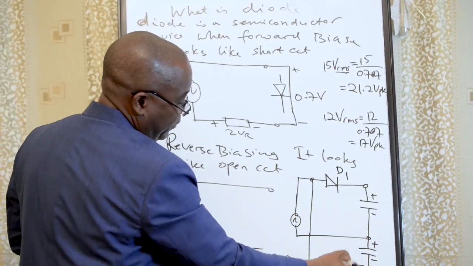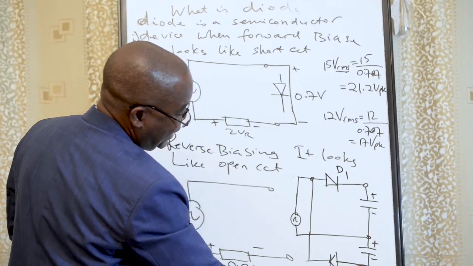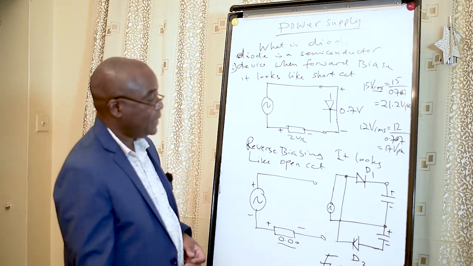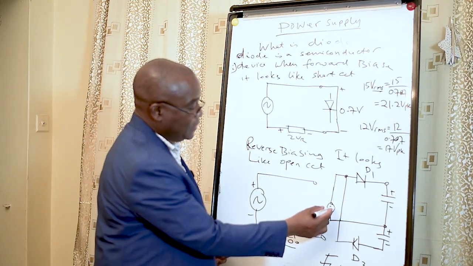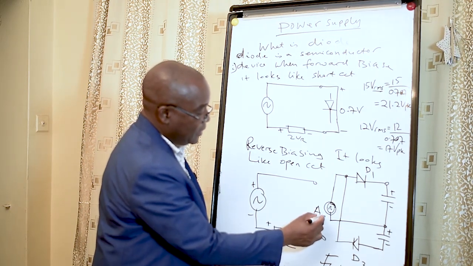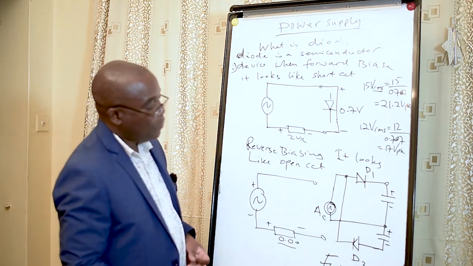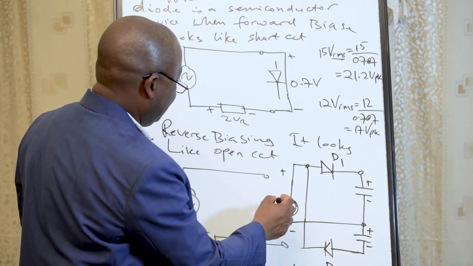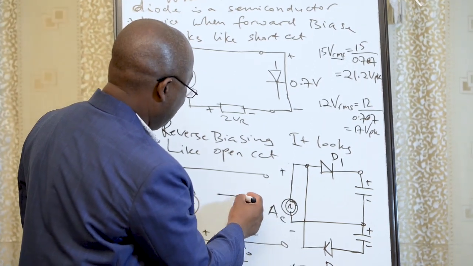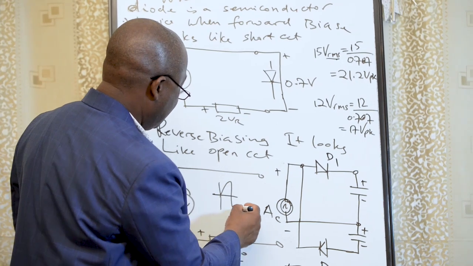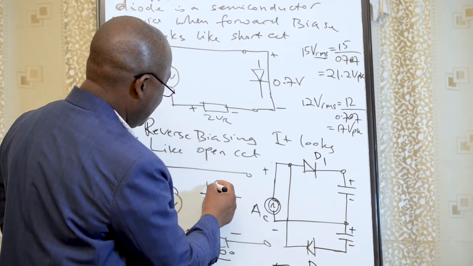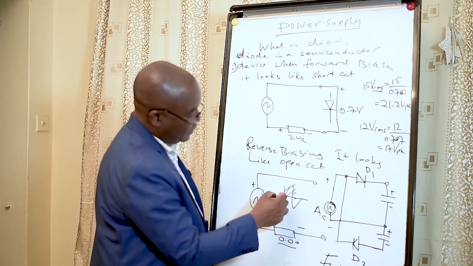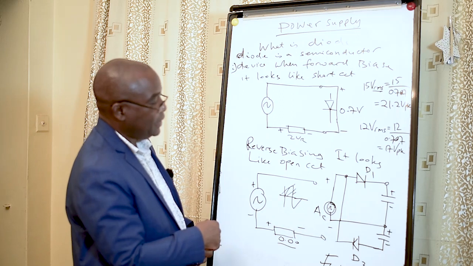This one is a full wave rectifier doubler circuit. So here we have the source. This is the AC source. When we have our AC input here, when it is forward, we are talking about this region, the positive one.